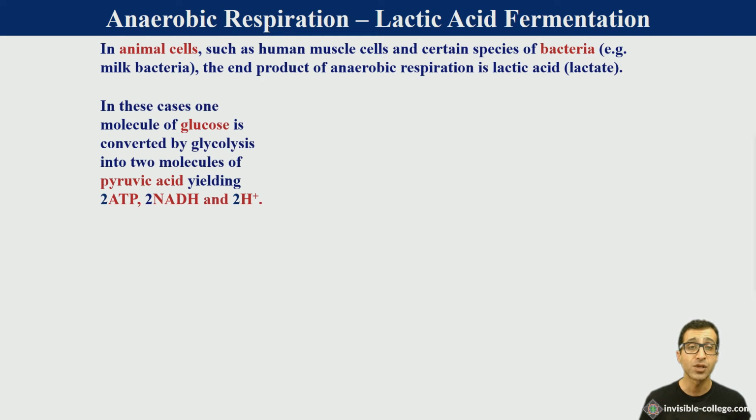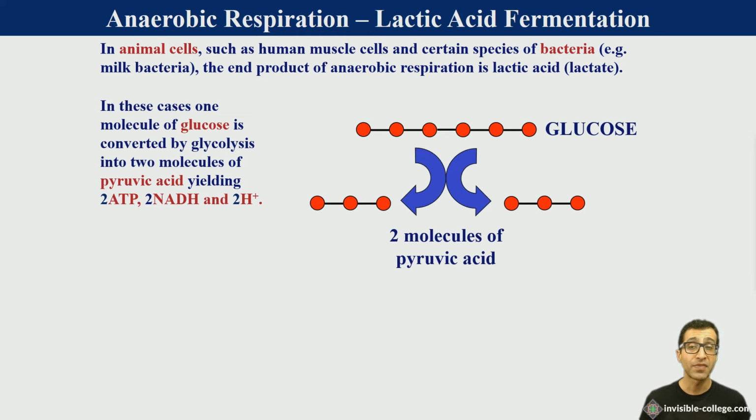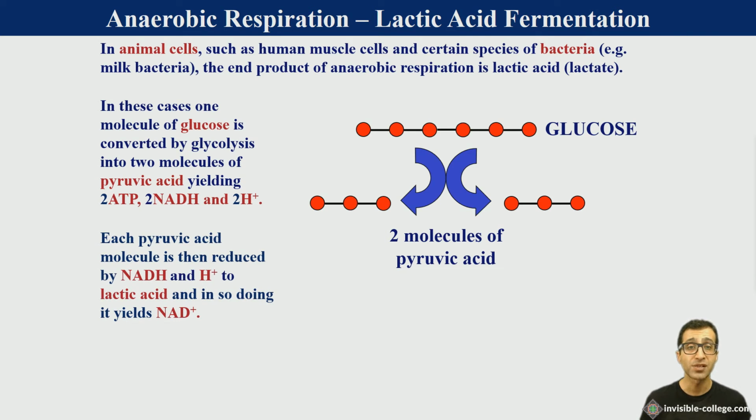And in these cases, one molecule of glucose is converted into 2 molecules of pyruvic acid during glycolysis, and this also yields 2 ATP and 2 NADH and 2 protons directly, but then each pyruvic acid molecule is then further reduced by NADH and H+, and in so doing it yields NAD+.